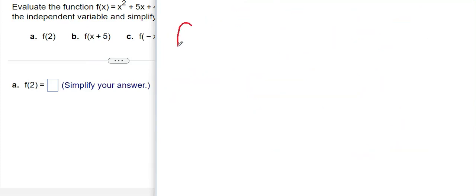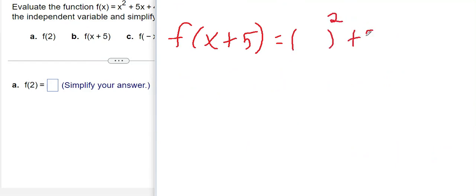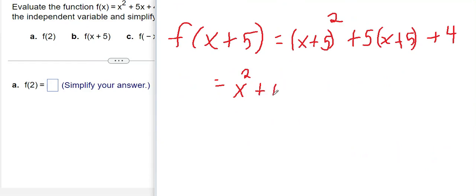Now we're going to do f of x plus 5. Here's where those parentheses come in handy, because you've got an x squared plus a 5 times x plus 4. And in this case, I have to put in an x plus 5 and an x plus 5. So that's going to give me x squared plus 10x plus 25.